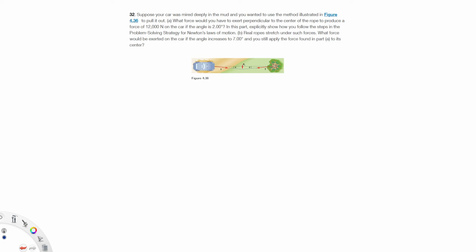It does seem to me that there are maybe better ways to pull your car out of the mud, but what do I know? So the idea here is that you've got a cable stretching from your car to a tree, and then you've got someone pulling on the middle of the cable.